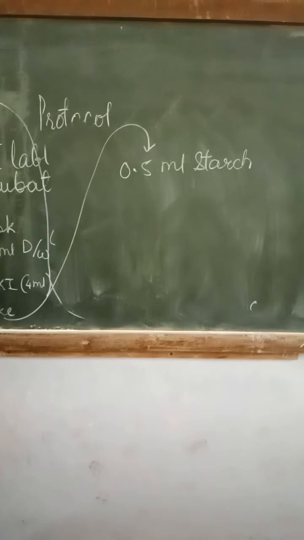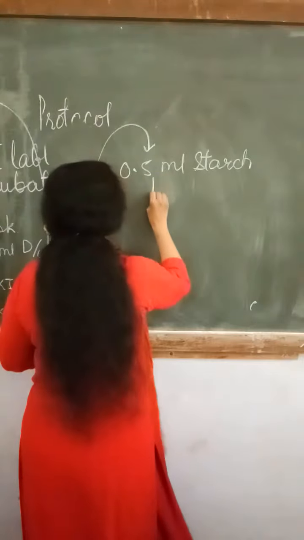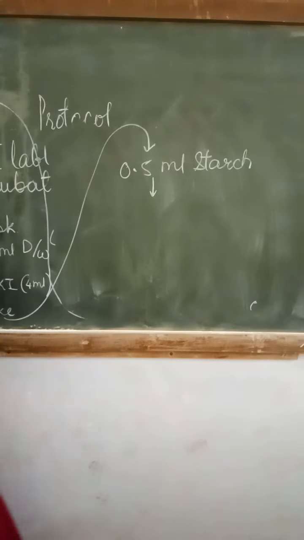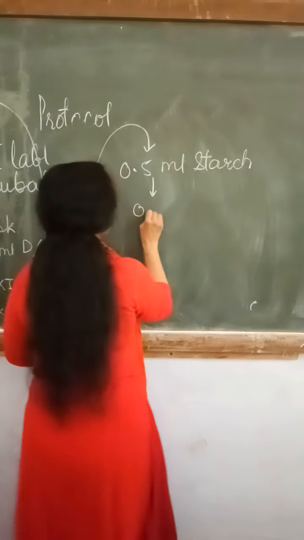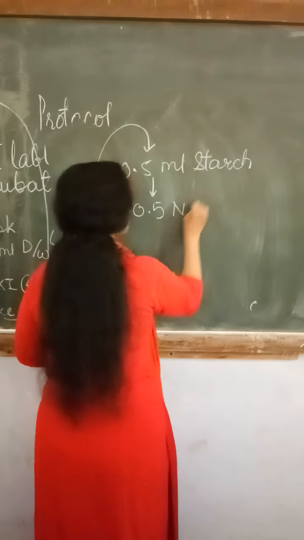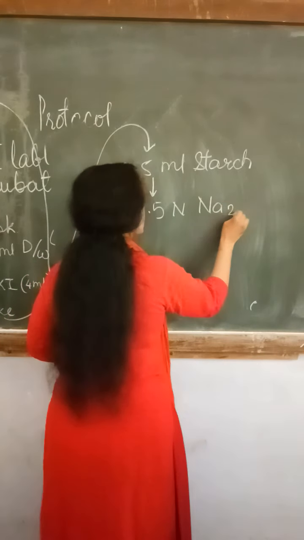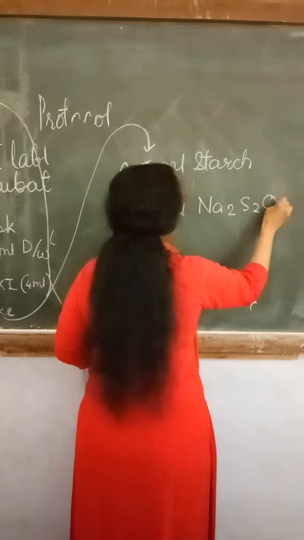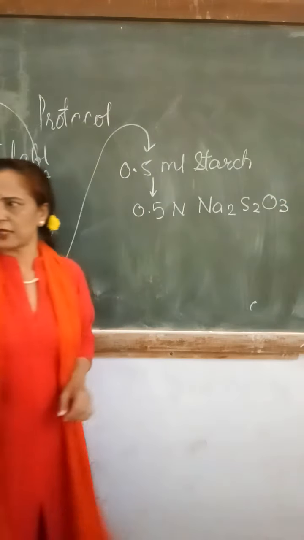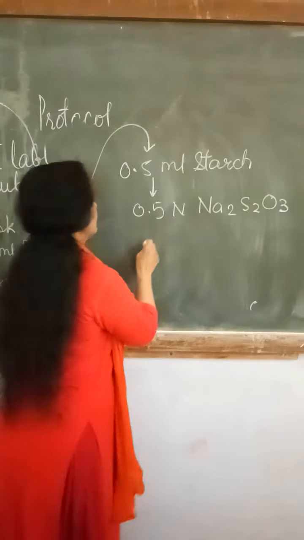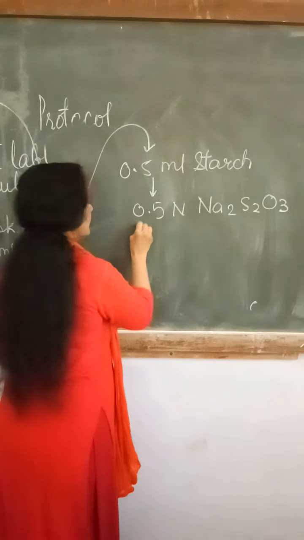And then after, your titration will start. You will titrate the liberated iodine with 0.5 normal Na2S2O3, sodium thiosulfate.